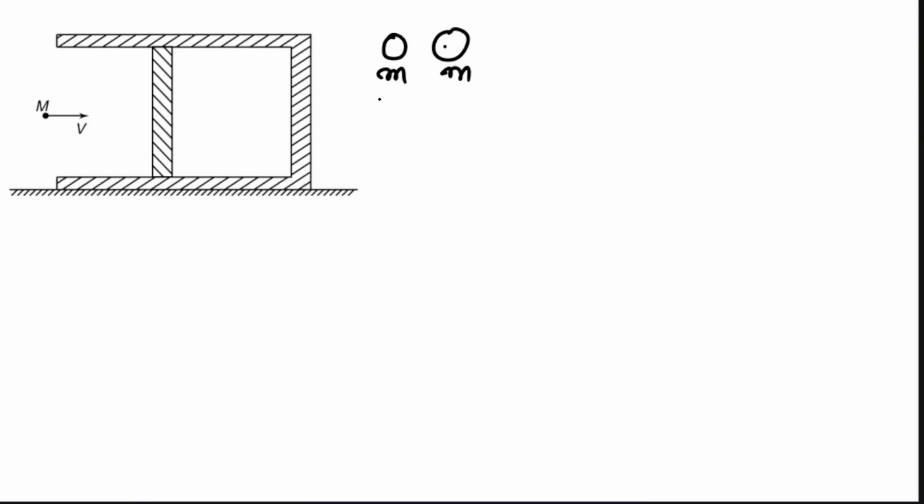So before collision, this is moving with v, this is 0. So after collision, this will take this one's velocity and this will take this one's velocity. So this particle will come to rest after collision and this piston will start moving with velocity v.